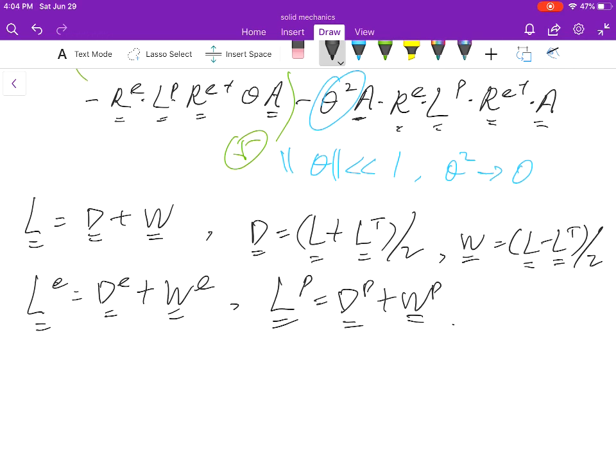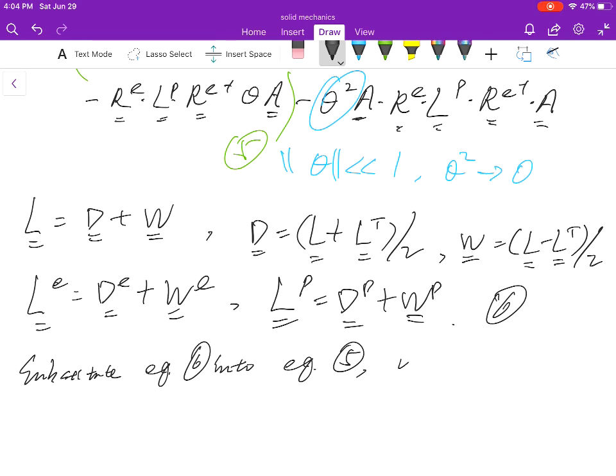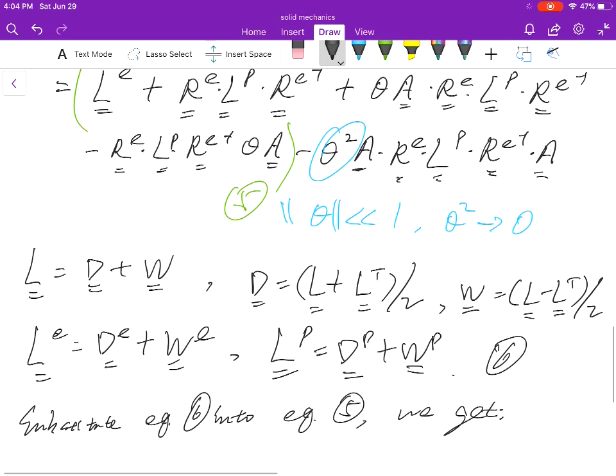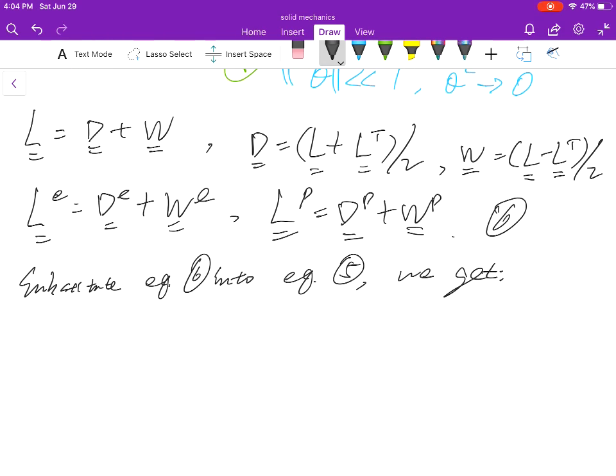And we name this equation 6. So if we substitute equation 6 into equation 5, we get a long equation.